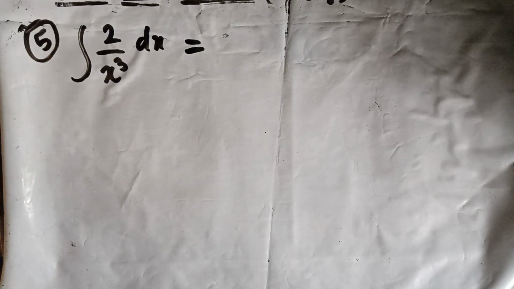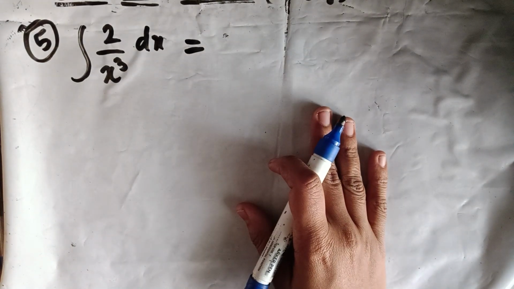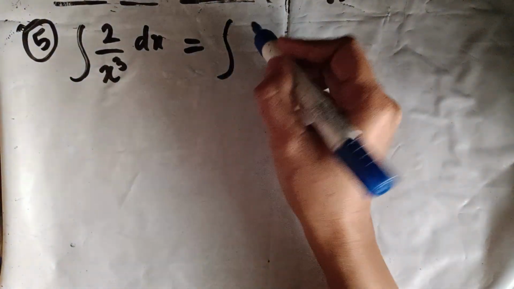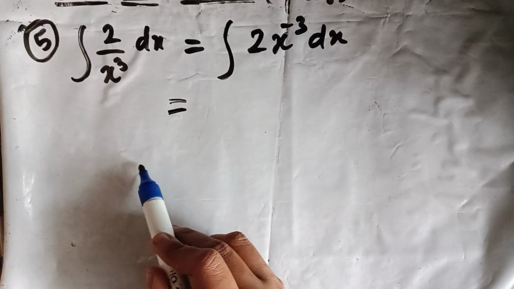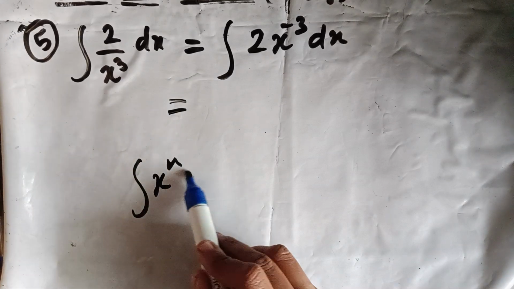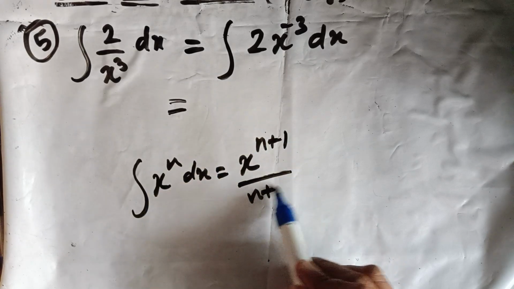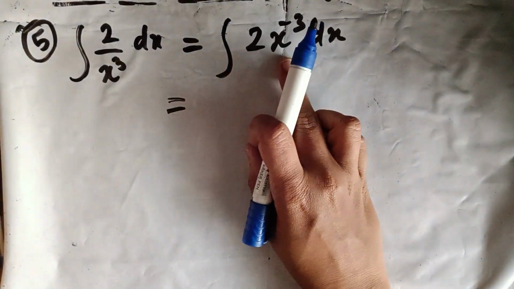Okay. Next question, integral 2 upon x cube dx. So this is basic question, okay? So this you can write 2x raised to minus 3. Okay, now you have to integrate. What is the integration of x raised to n? X raised to n plus 1 upon n plus 1 plus c, right? So here n is our minus 3.